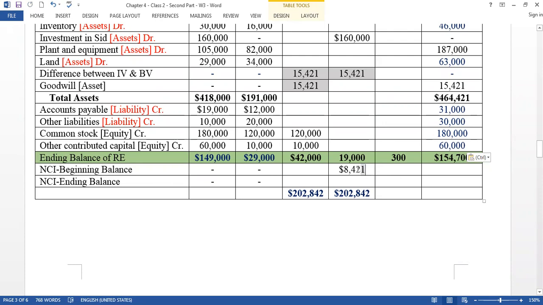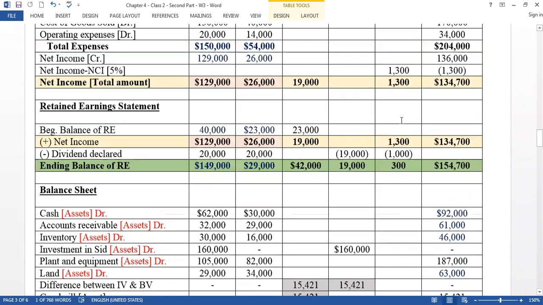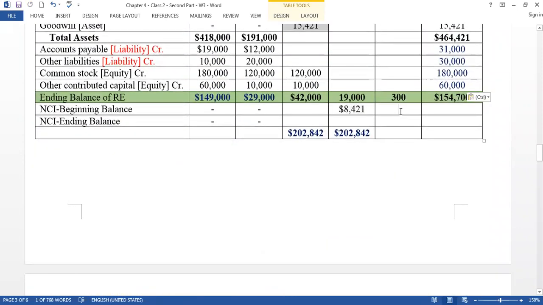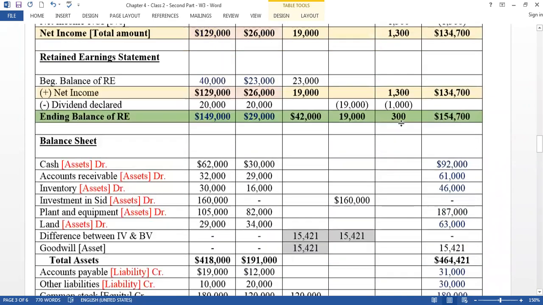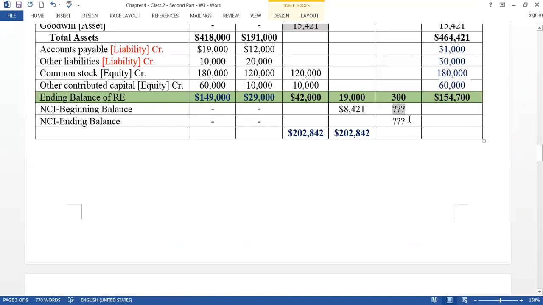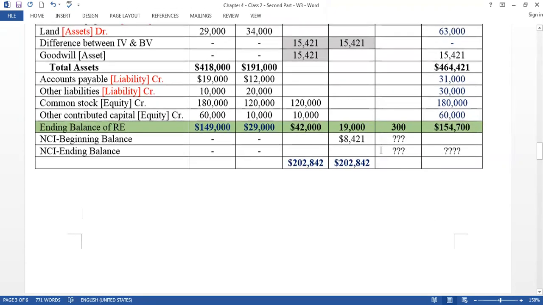So this is the NCI column, so we need the beginning balance and we need the ending balance, because the ending balance of NCI will transfer to the balance sheet. So we need these 3 pieces of information. One is given.